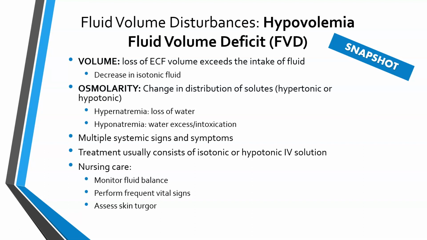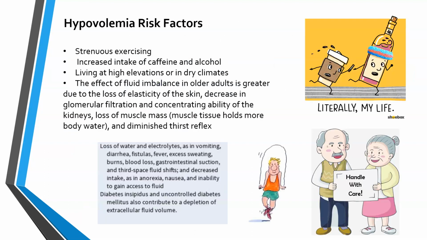Treatment usually consists of isotonic or hypotonic IV solution. And when we talk about nursing care, we're going to be talking about monitoring a patient's fluid balance, performing frequent vital signs, and assessing that patient's skin turgor.